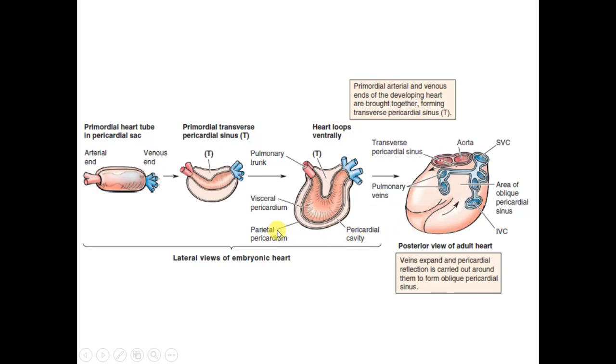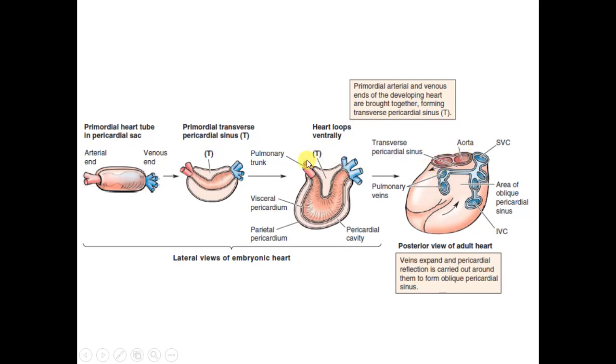In this diagram we also see the primordial heart tube in the pericardial sac, and then the primordial transverse pericardial sinus developing. After the folding, in the final position of the heart, the primordial atrial and venous ends of the developing heart are brought together, forming the transverse sinus.